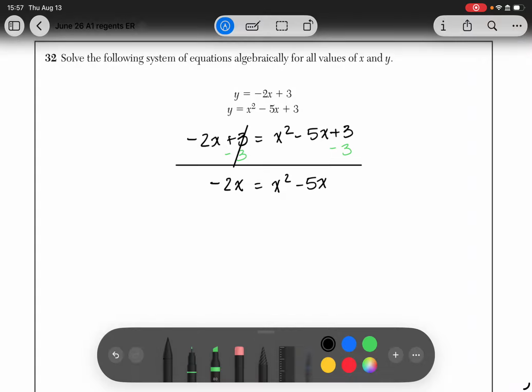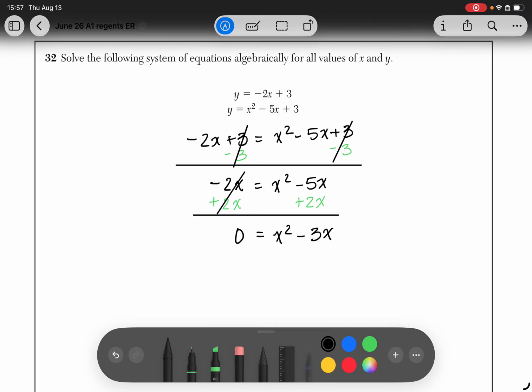And then those 3s cancel out over here as well because positive 3 and then negative 3 creates 0. Next up, we want to move this negative 2x because like I said, one side needs to be 0. So in order to do that, we're going to add 2x to both sides. Which cancels out the left side, leaving us with 0 equals x squared minus 3x.